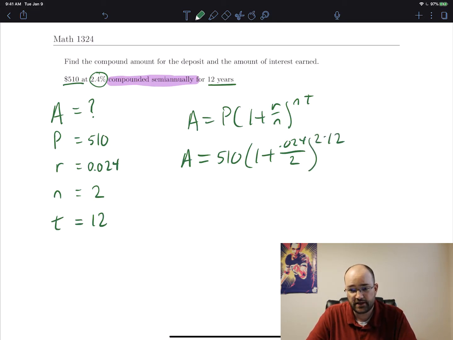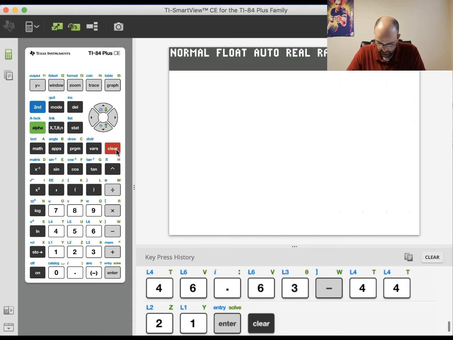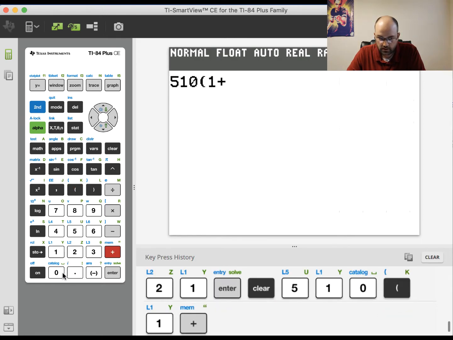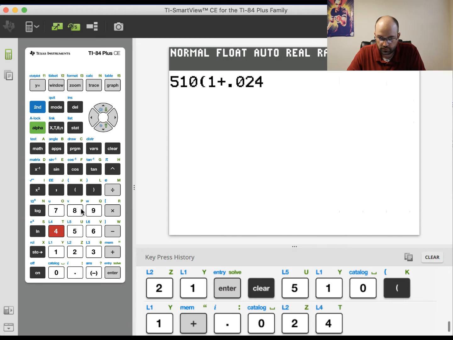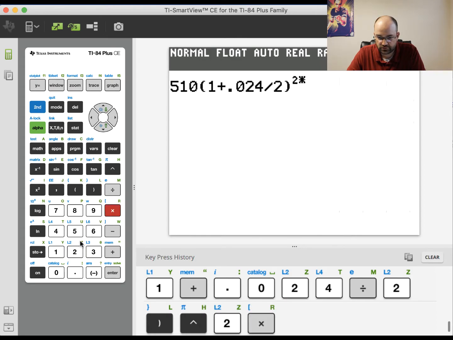And then you just type that in exactly the way it looks. And I'll go ahead and show you how I'm doing that on the calculator, and then I will be right back. Okay, welcome to the calculator. And on here, we need to type this in. So we have 510, parentheses, 1 plus 0.024 divided by 2, close parentheses, caret 12 times 2.